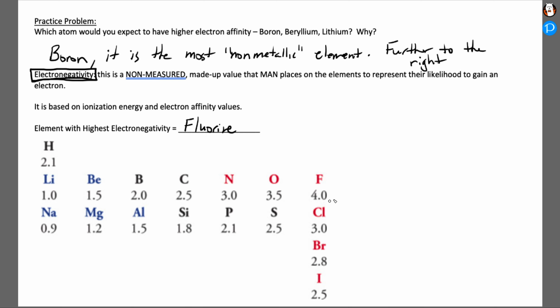So fluorine, because of its size and how many protons that it has, has the highest electronegativity. It is really good at taking electrons from things, and that's also what makes it really reactive. If you notice, most of these halogens here have relatively high electronegativities, and the reason is because of where they are on the periodic table.